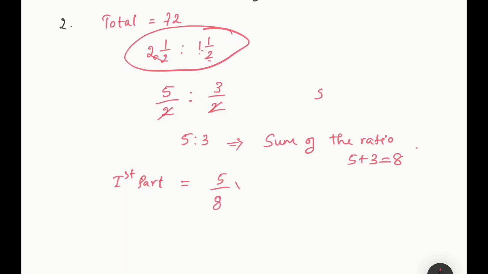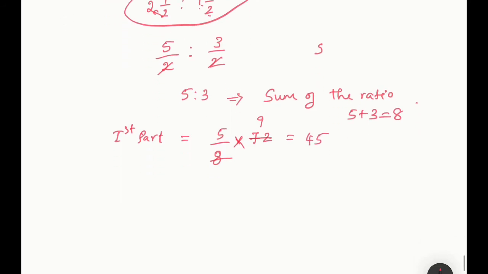That is the total ratio. 8 into 72. So how do we always find the part? If you need to find each part, you take the part divided by the sum of the ratio into the total quantity. What is 72? 8 9s are 72. So 5 9s are 45. So the first part we are getting is 45.